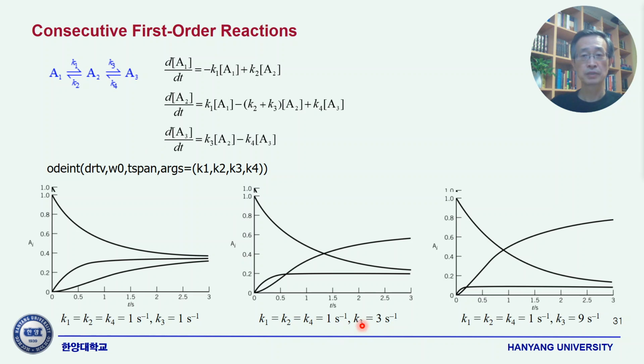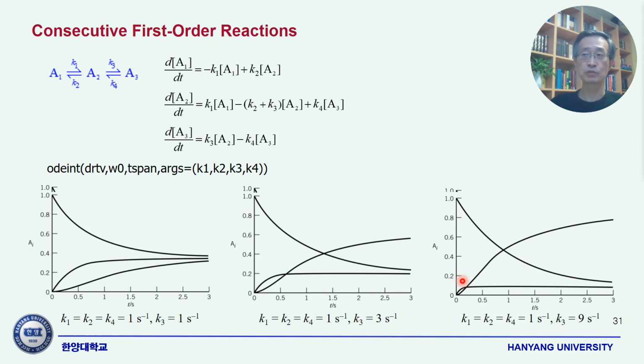But if k3 is getting dominating, like all k1, k2, k4 equal 1 and k3 equals 3, then a3 outgrows a2. And also, if we increase k3 further, a3 does outgrow a2 this much.